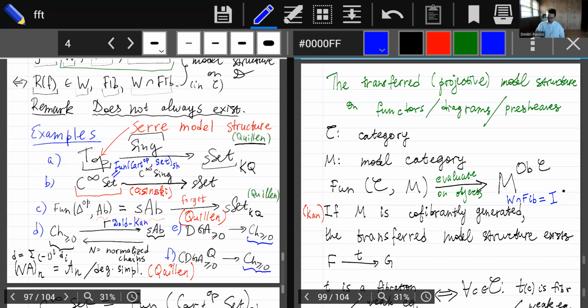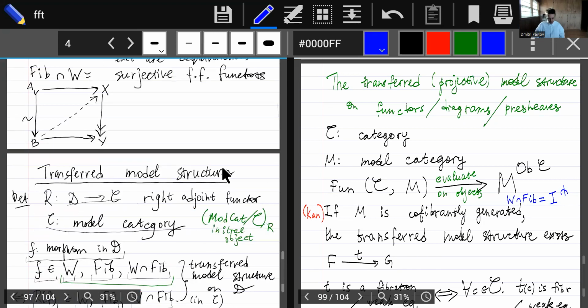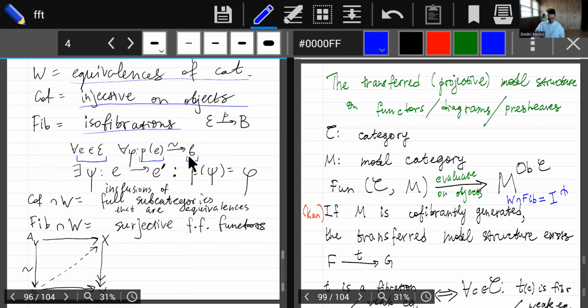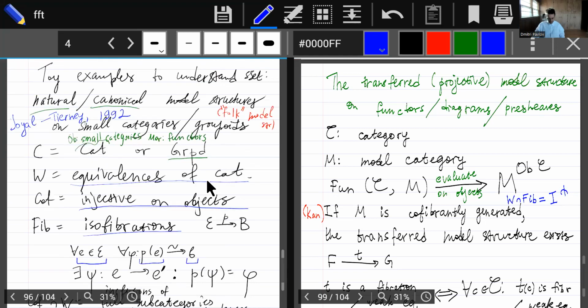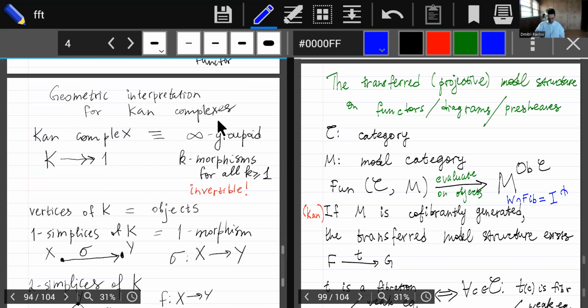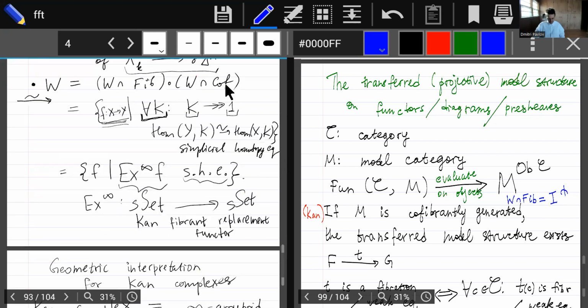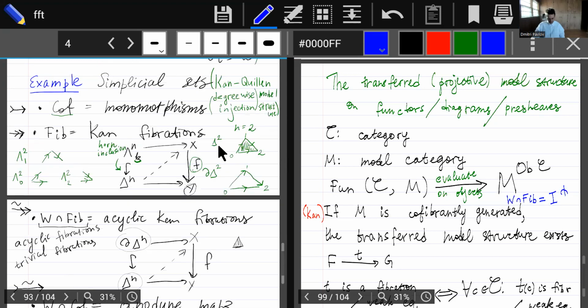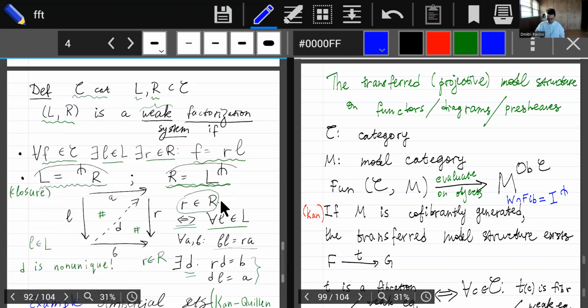So let me put it like this. I think we introduced this notation with a pitchfork earlier. Is it present here on the left? Yes.